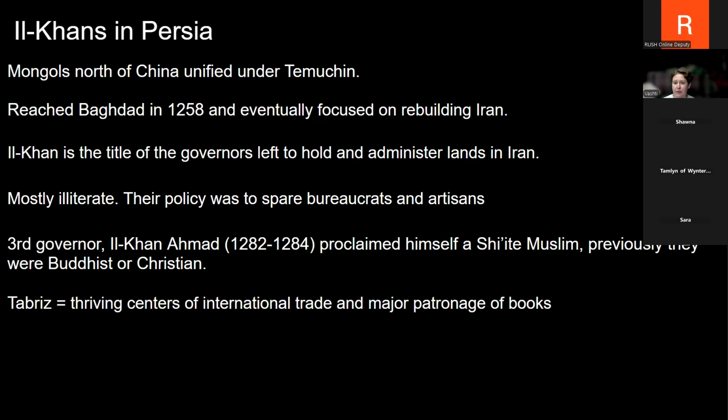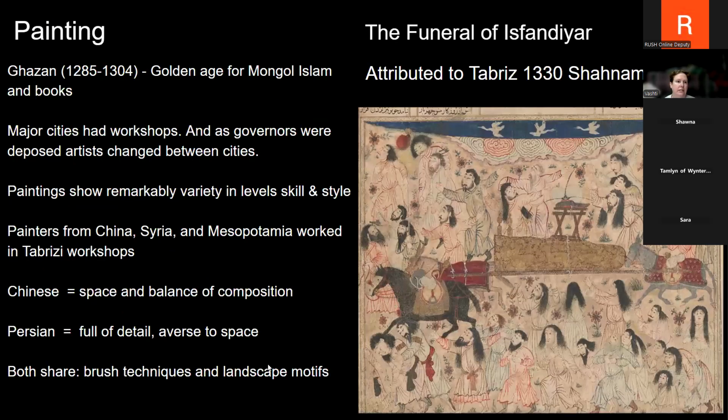And it becomes one of the first major manuscript centers that consistently puts out books regularly, specifically illustrated books. So really, that third governor is the beginning of seeing books really thrive in Persia once again.